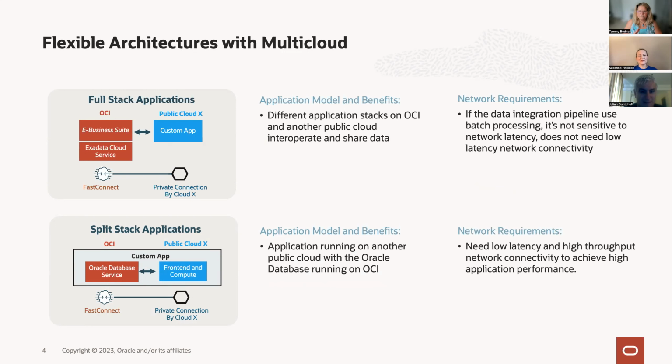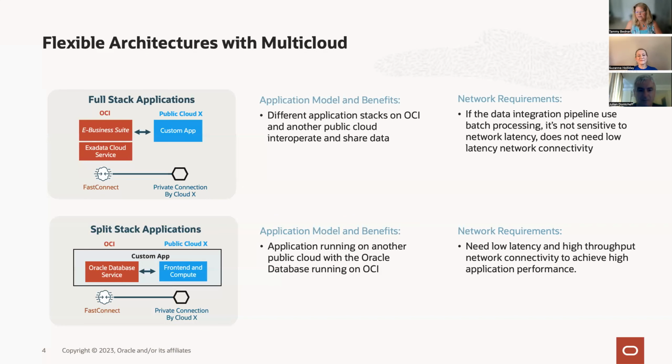So this allows you, our customers, to create a solution where you have your favorite applications already in another cloud provider, but really want to run the database or the back end on the Oracle database that's running in the Oracle Cloud. Now, we have a lot of great solutions, especially with the networking.